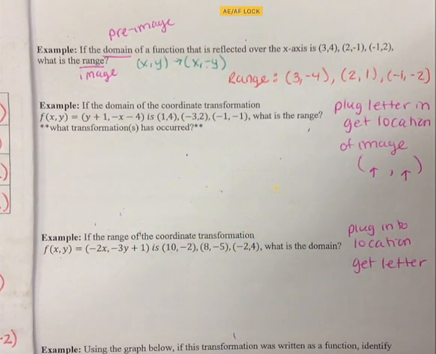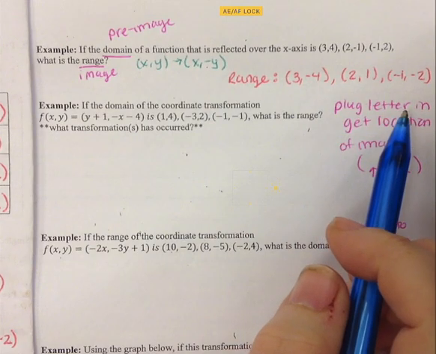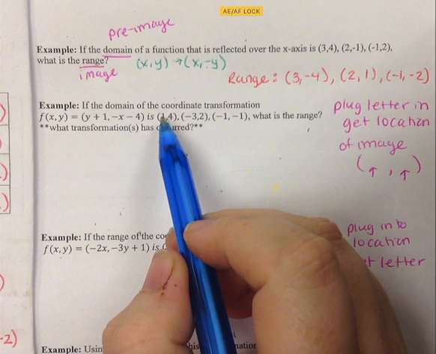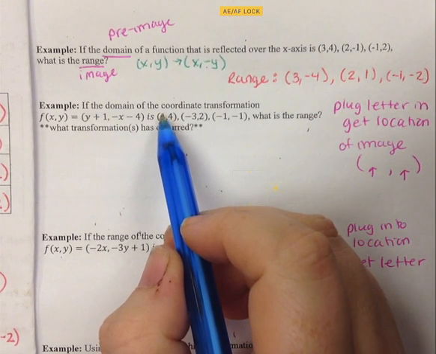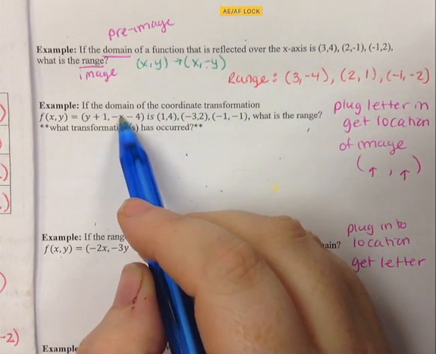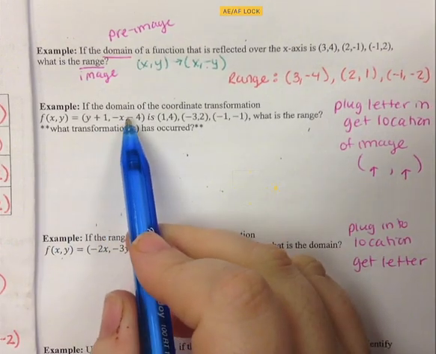To find our range, we plug the letter in to get the location. This first coordinate is a 1, an x value. So we plug that 1 into the x value of our rule. The x value just happens to be back here, which is perfectly fine. That just tells us that our location will be in the back.